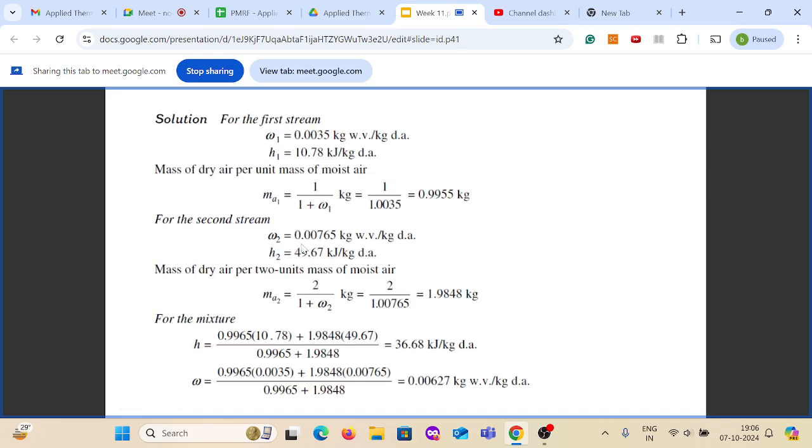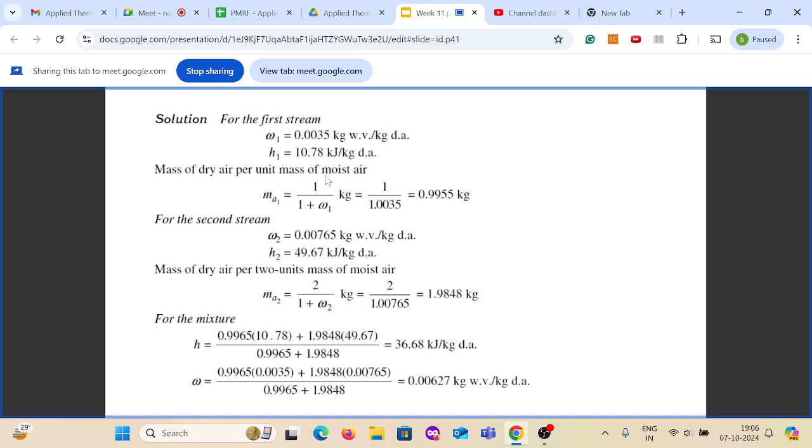So that will straight away give you omega is 0.00765 kg of water vapor per kg of dry air, and H2 is 49.67 kilojoule per kg of dry air. So mass of dry air per 2 units mass of moist air is 1.9848 kg.